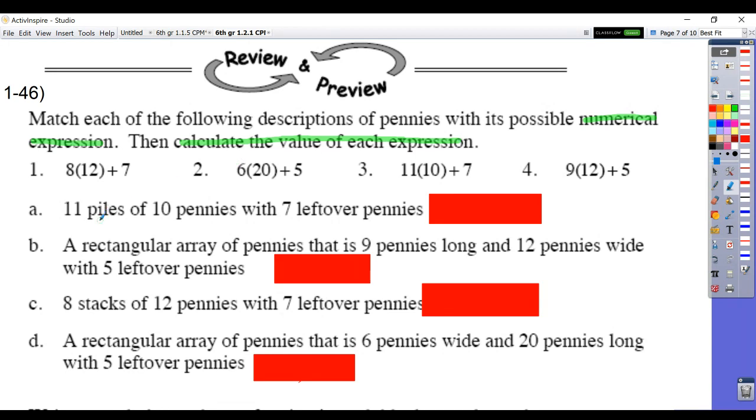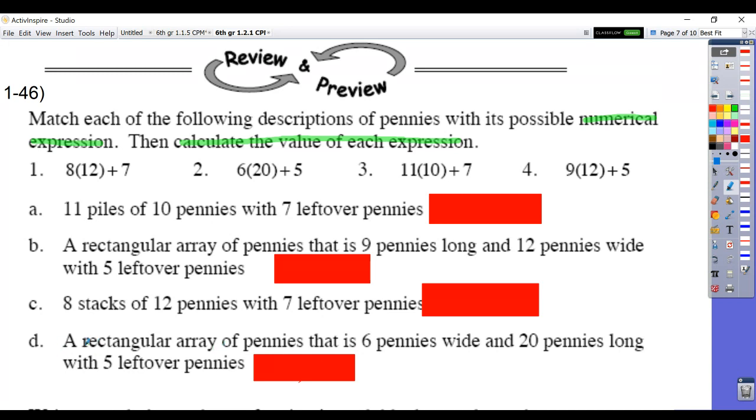So you're going to look at each of these explanations and see which one fits. All right. Let me just go ahead and look at D with you. A rectangular array of pennies that is 6 pennies wide and 20 pennies long.